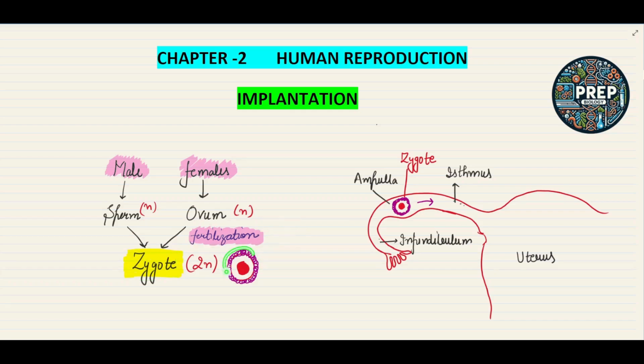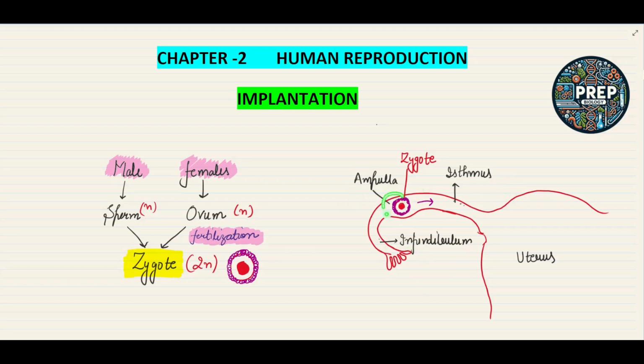Now we have a zygote, and fertilization takes place in the ampulla region of the fallopian tube. This diagram shows one side of the female reproductive system, and this is the fallopian tube. The fallopian tube is divided into three parts: infundibulum, ampulla, and the isthmus.